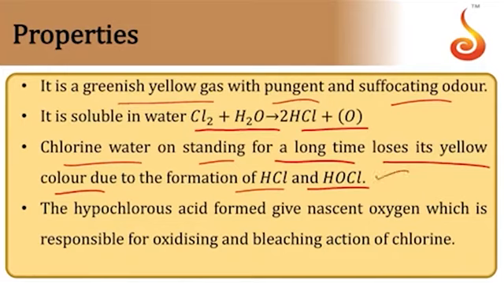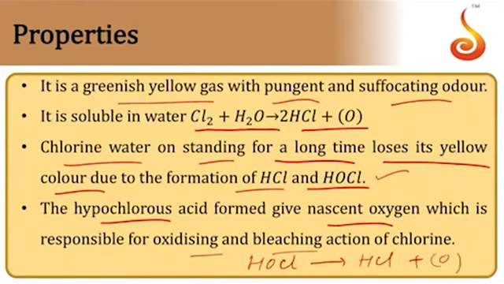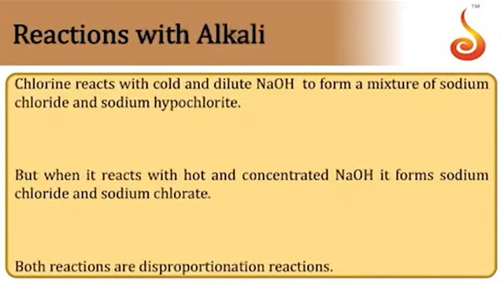So chlorine water contains HOCl, and hypochlorous acid gives nascent oxygen, responsible for the oxidizing and bleaching action of chlorine. So HOCl, hypochlorous acid present in chlorine water, gives rise to HCl plus nascent oxygen. And this is responsible for the bleaching action as well as the oxidizing properties of chlorine water.